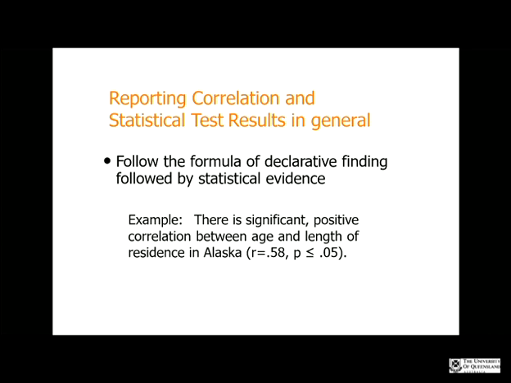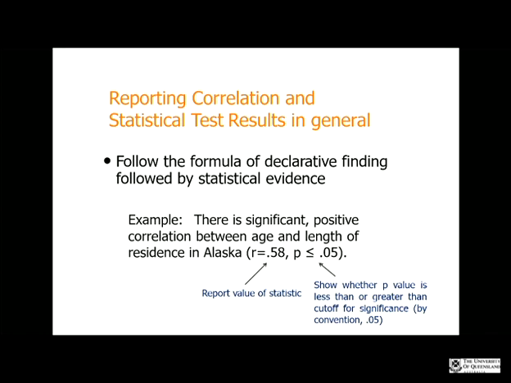There's significant positive correlation between age and length of residence in Alaska. That's the correlation. And that's the p-value for that correlation, okay? Report the value of the statistic and then show whether the p-value is less than or greater than the cutoff for the significance.